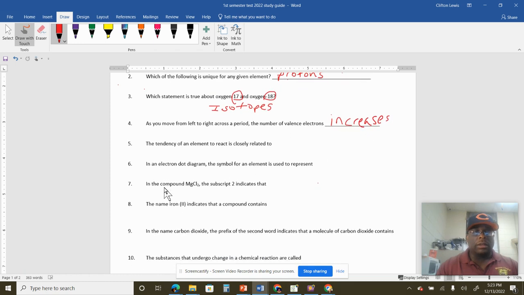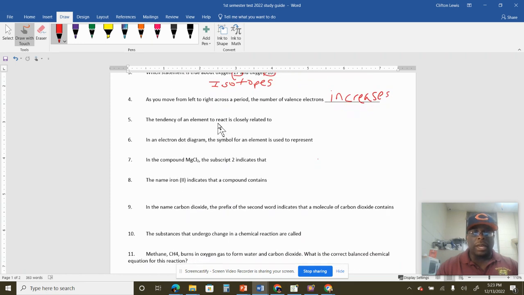All right. The tendency of an element to react is closely related to the valence electrons, or valency. Valency, the electron, negative sign. In the electron dot diagram, we call this a Lewis dot structure.